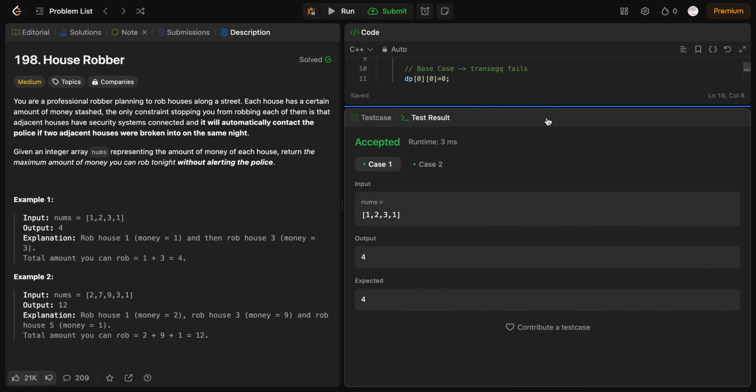It's working over here. So here's the solution, and when I submit it, it will work.